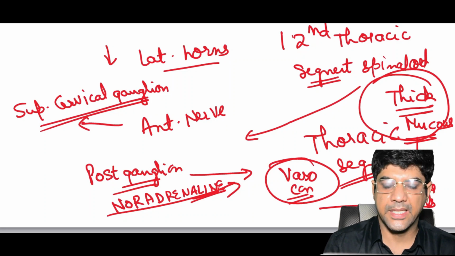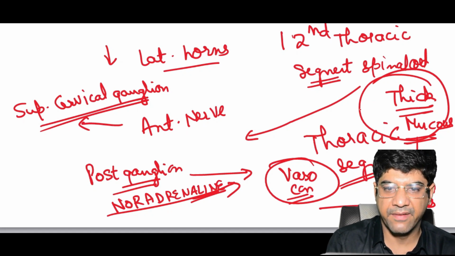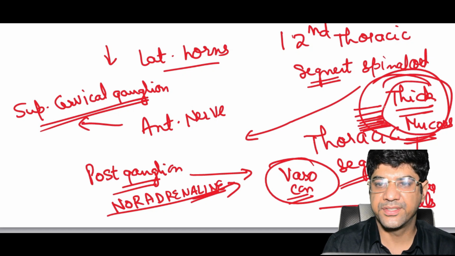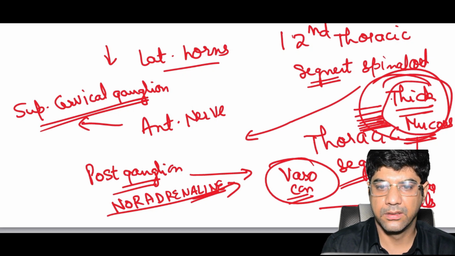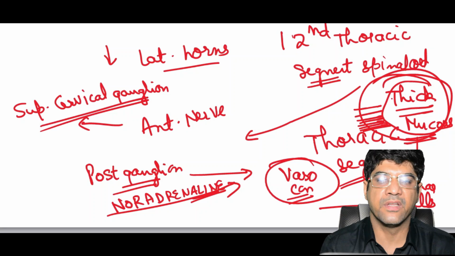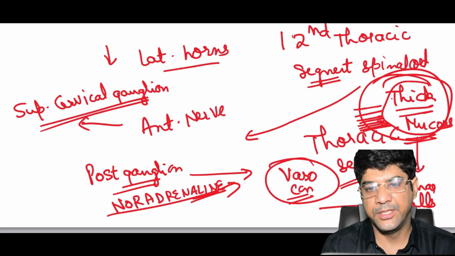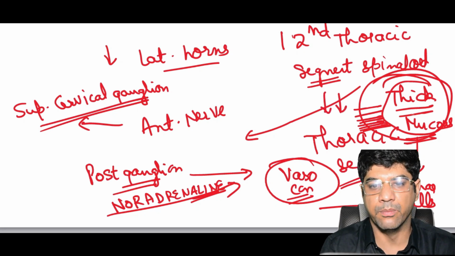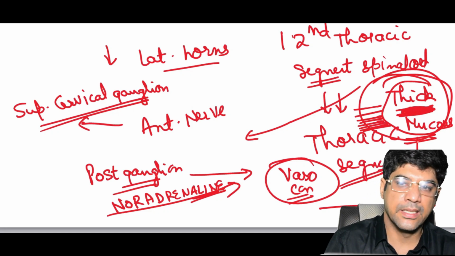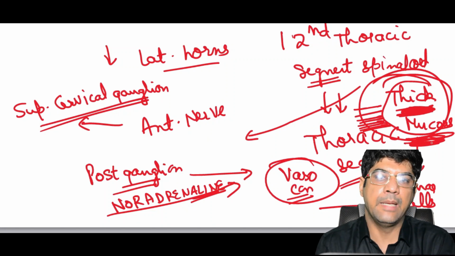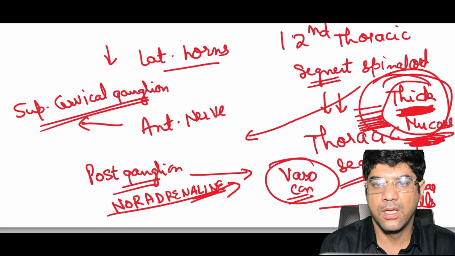So remember, parasympathetic stimulation produces watery saliva, whereas sympathetic stimulation produces thick, mucus-rich saliva. The parasympathetic system focuses on producing a high volume of watery saliva that helps you in digestion, while the sympathetic system produces less volume but thicker saliva that is rich in the organic component, that is mucus.